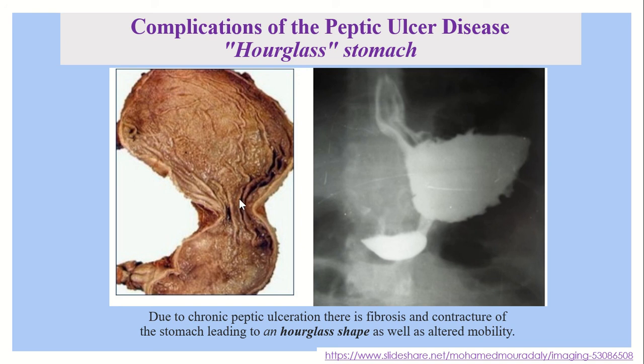You see here the fibrosis and the contraction of the stomach leading to hourglass shape, as well as the altered mobility of the stomach. It is found during the X-ray examination.